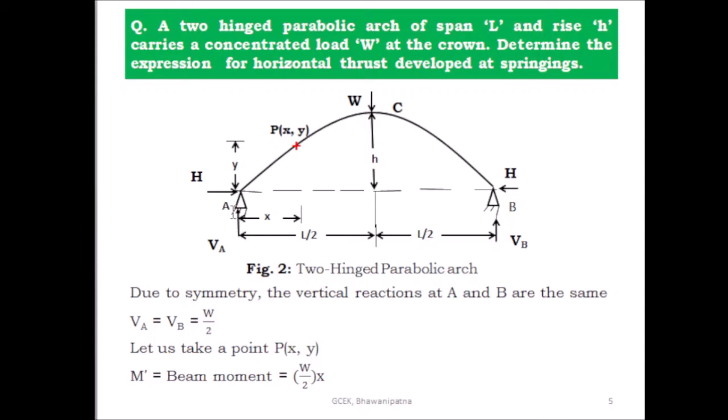This is the horizontal distance, the x coordinate, and this is the y coordinate of P. So the bending moment M' = VA into x, and since VA = VB = W/2, M' = (W/2) x.